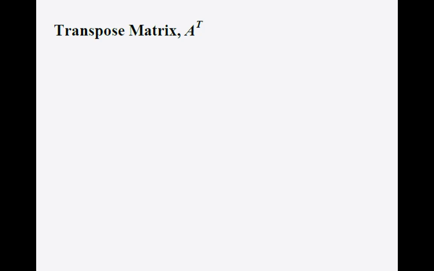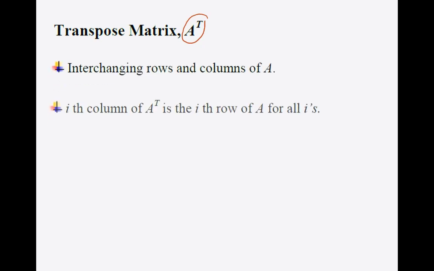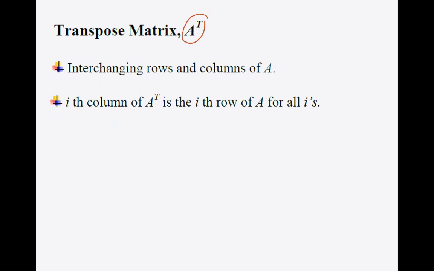If you come across A with a T at the top, we call this A transpose. This is the notation for the transpose of a matrix. So what is a transpose matrix? Transpose involves interchanging rows and columns, meaning the ith column of A transpose is the ith row of A, for all the elements.